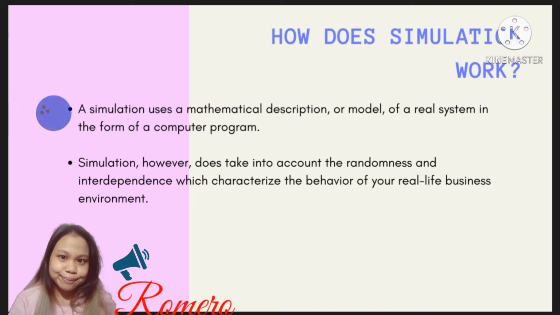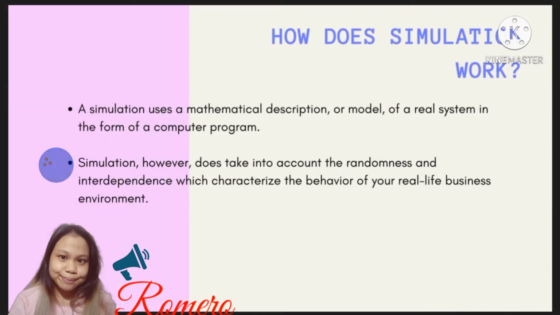A simulation uses a mathematical description or model of a real system in the form of a computer program. This model is composed of equations that duplicate the functional relationship within the real system. Anyone can perform a simple analysis manually. However, as the complexity of the analysis increases, so does the need to employ computer-based tools.